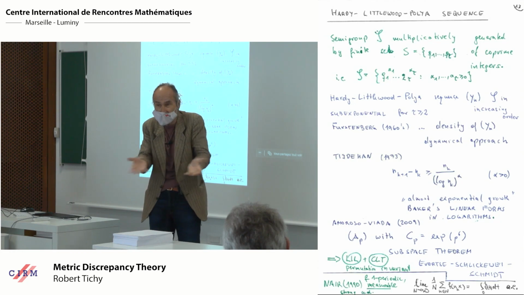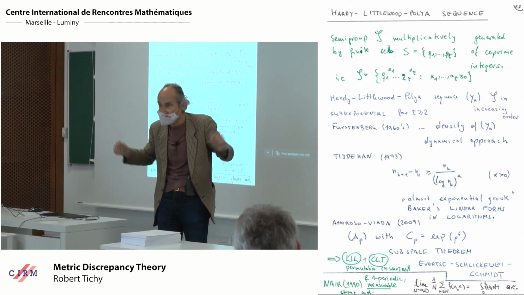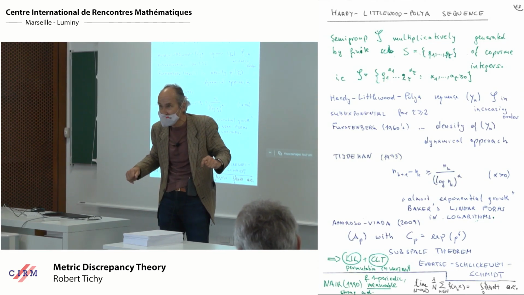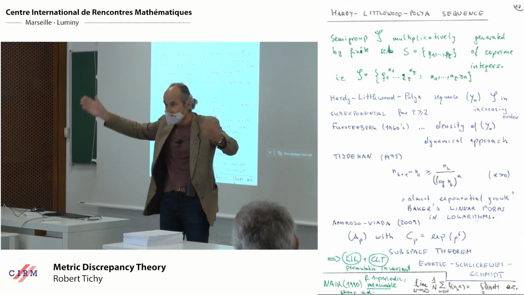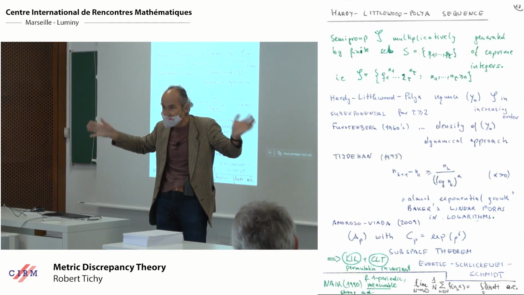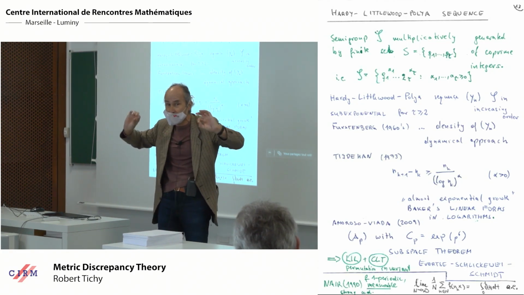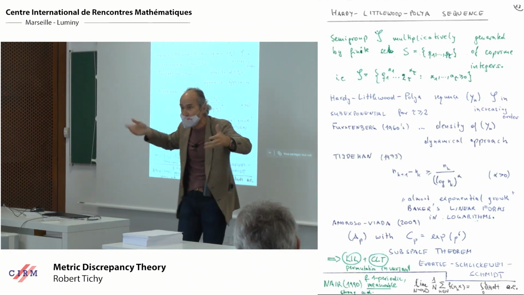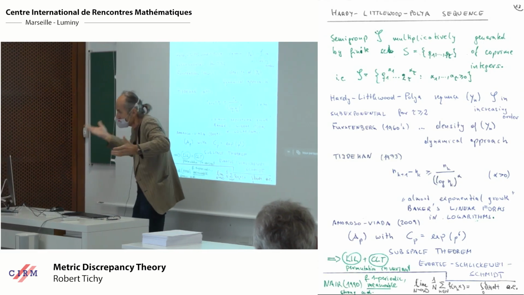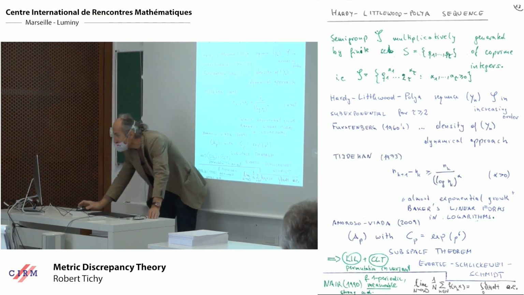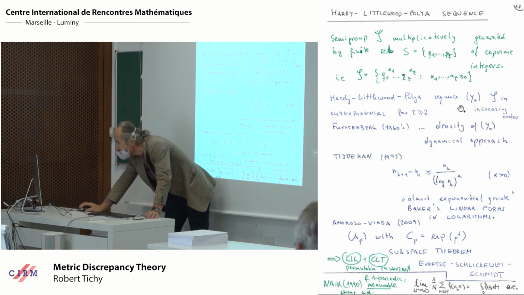It's an easy exercise for calculus students in the first year. You can ask them to find growth bounds, and you will see it's not lacunary. It's a little bit less growing than exponentially. And if you have more generators, it is not lacunary. Only in the trivial case, one generator, it is lacunary. And Furstenberg, as I mentioned, proved the densities by a dynamic approach.